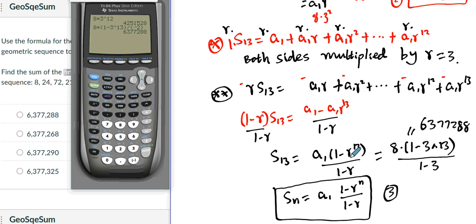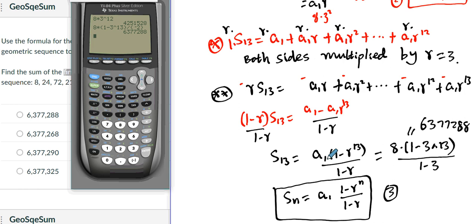And that was the 13th term. You are choosing the sum of the first 13 terms. So here would be 13. So you can see, here is 13, no longer 12, it is 13.